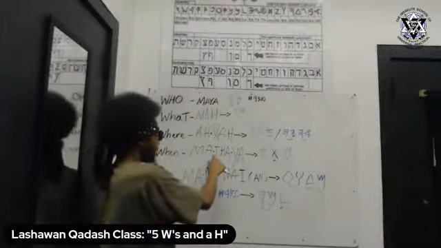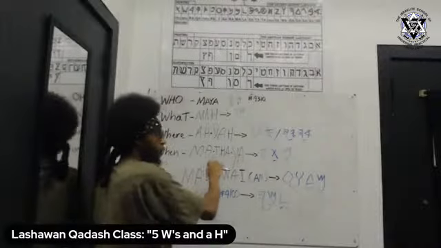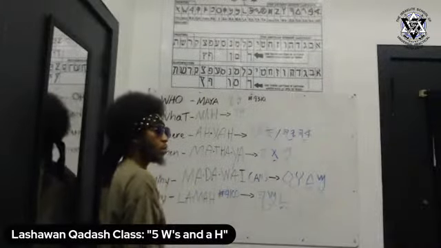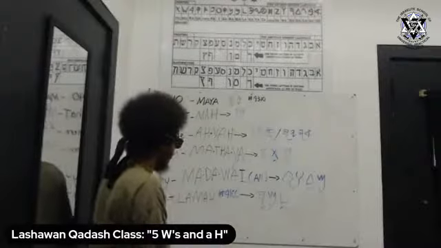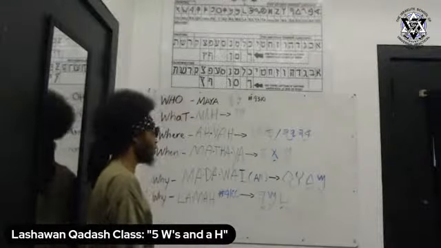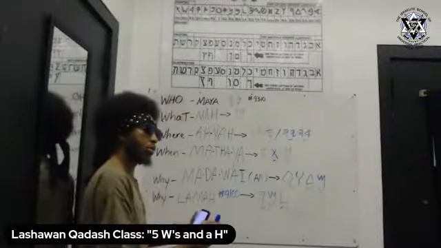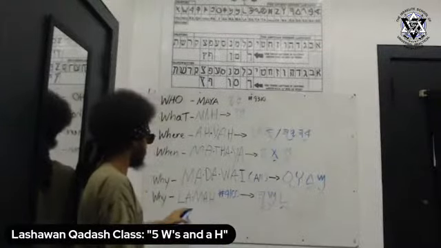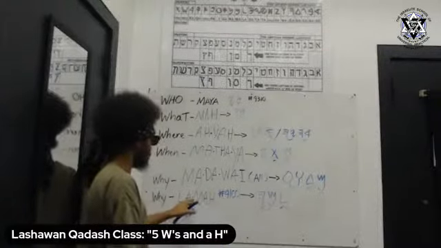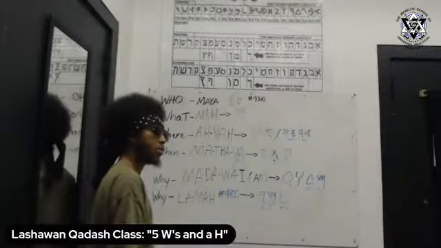And you understand that I put these blue dots to separate it on purpose, so that way you can pronounce it better. You know what I mean? So it doesn't look like a bunch of words just jumbled together. So this is LA dot MAH.